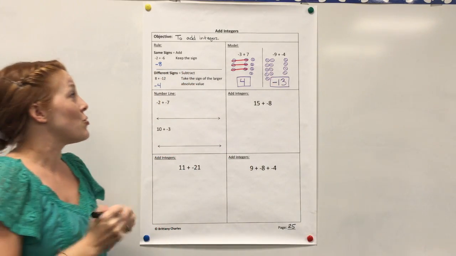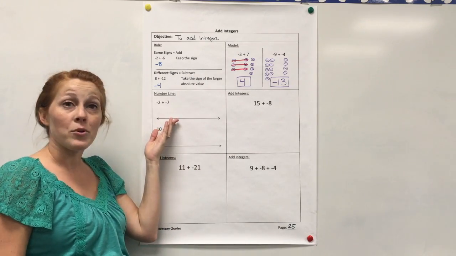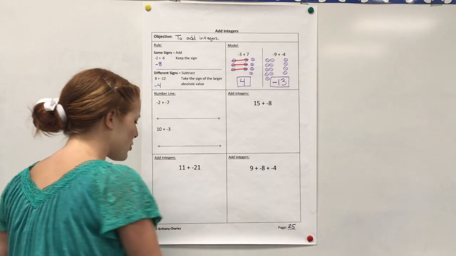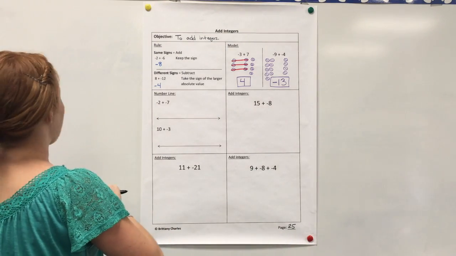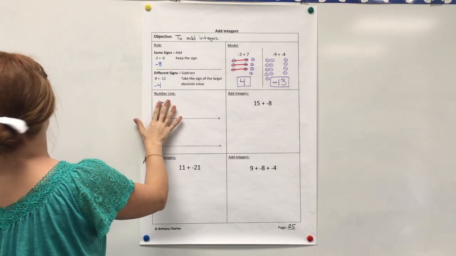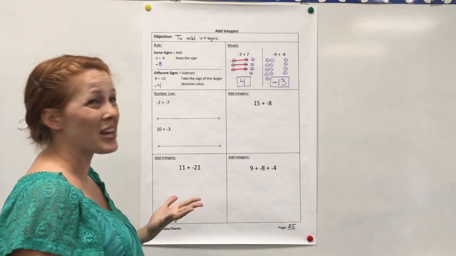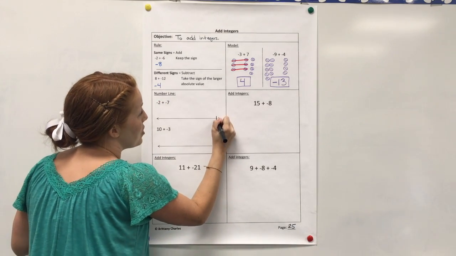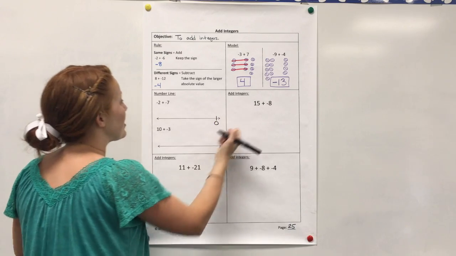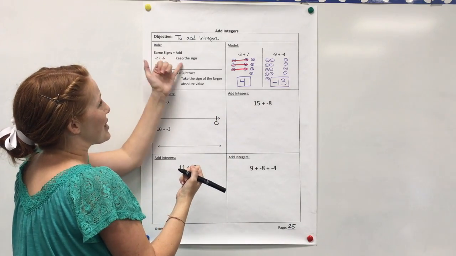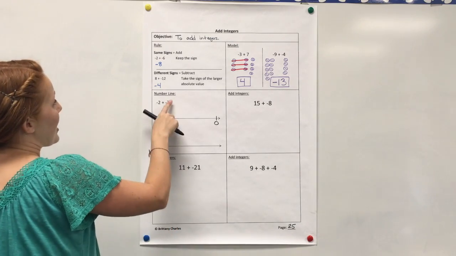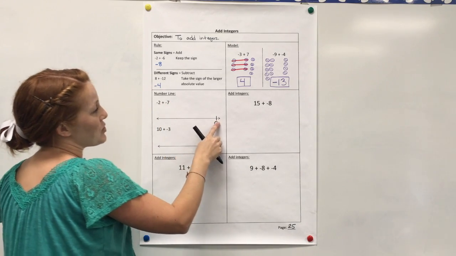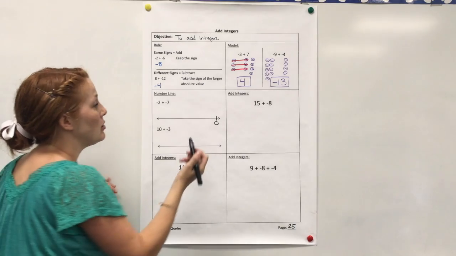Okay, so now let's look at this on a number line. So first of all, I need to label my number line. And I can see that I have 2 negatives. So since they're both negative, I'm going to put 0 all the way on this side, because I know same signs, I'm going to end up keeping the sign. I know I'm going to still have a negative. All right, and I'm going to go from 0 to negative 10.